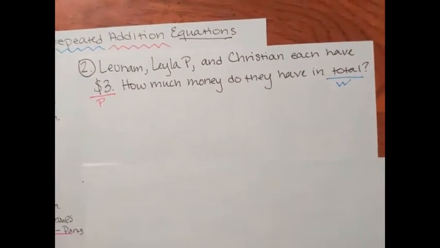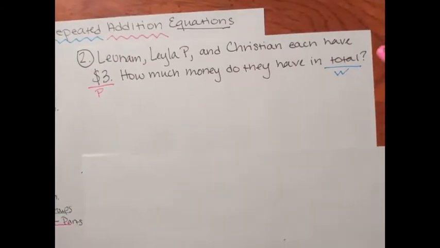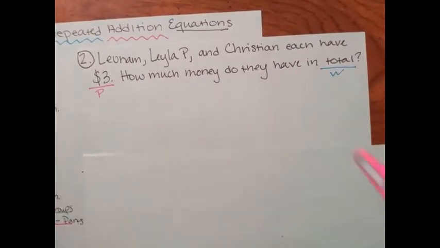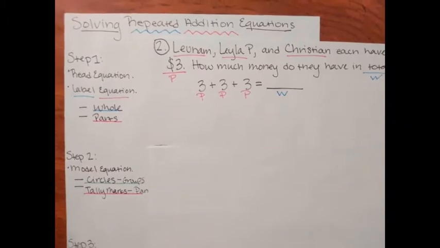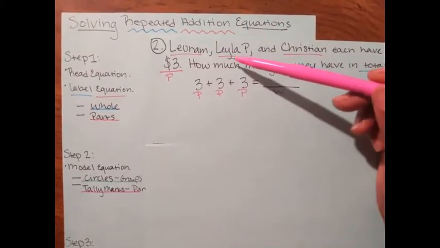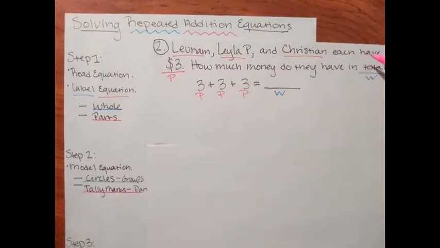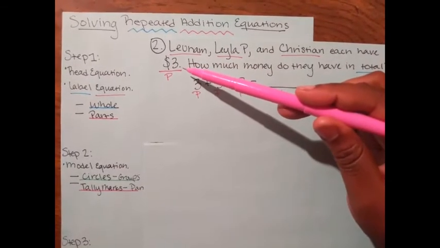Take 30 seconds, pause the video to decide how many times we will be writing our part. The story problem says that Lunam, Layla P, and Christian each have $3.